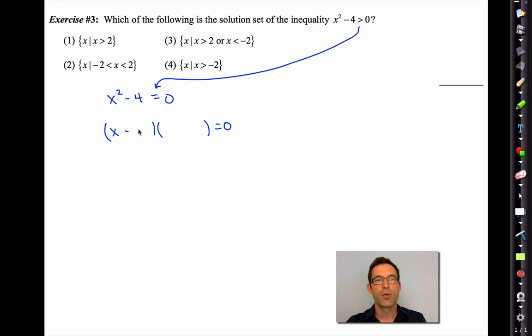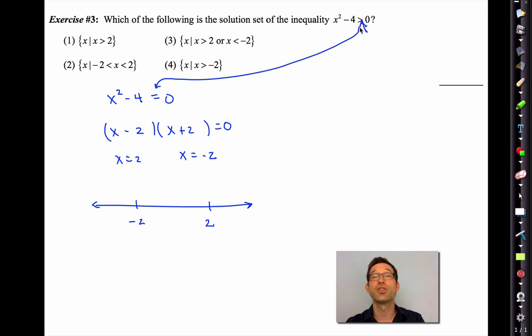We're going to have x minus 2, x plus 2, which gives me x equals 2 and x equals negative 2. The next thing I'm going to do is plot those on a number line, negative 2, positive 2. I then will decide whether I should have open circles or closed circles. Because there is no equal sign on that inequality, these two are open circles.